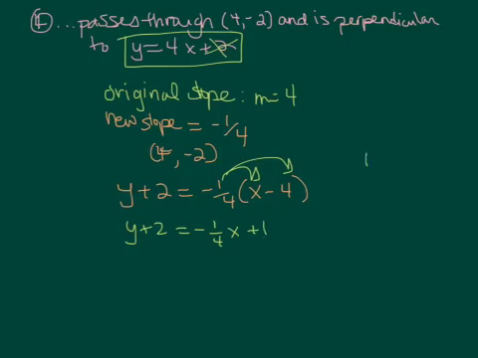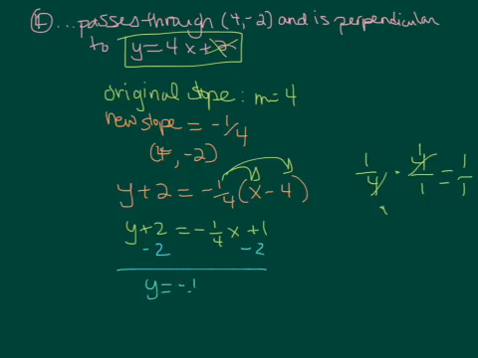If you want, you can work that out off to the side. We know a negative times a negative is a positive, and we know that 1/4 times 4/1 just gives us 1/1, or 1. So if you want to do that, feel free to. Then we just subtract 2 from both sides. We end up getting y equals negative 1/4 x minus 1.